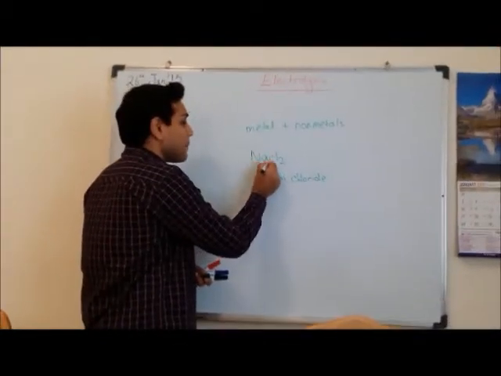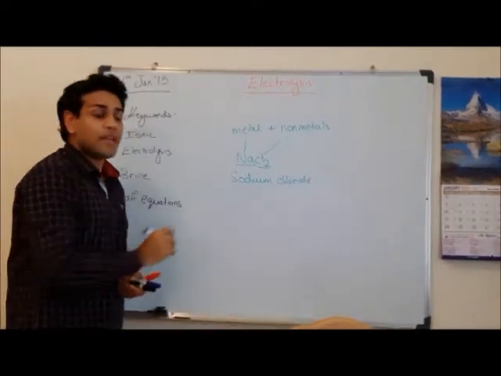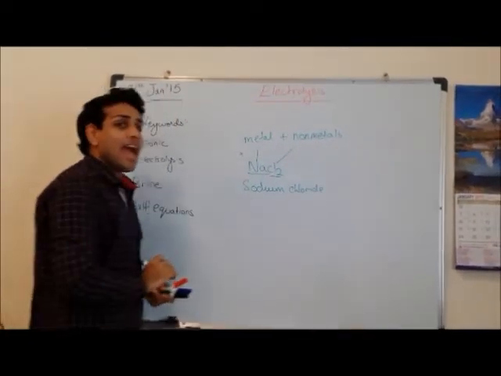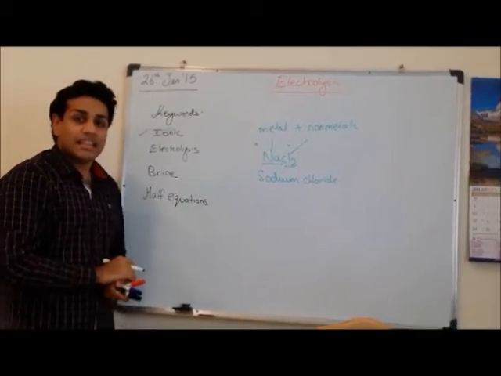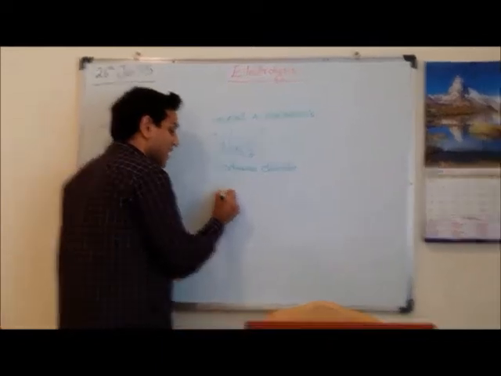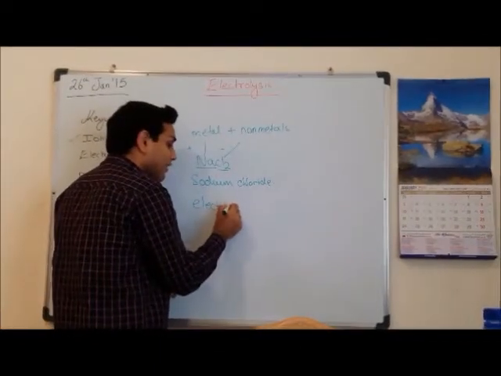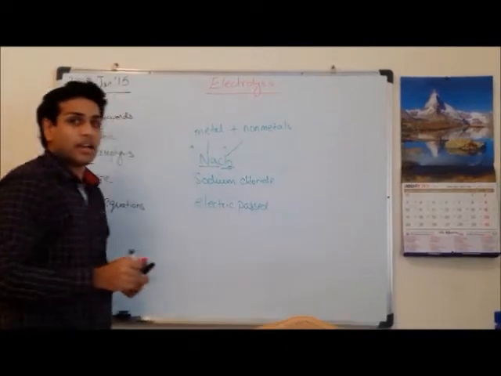Here sodium is a metal while chlorine is a non-metal, and sodium is a positively charged ion and chlorine is a negatively charged ion. These ions can be broken down with the help of electric current. When electric current is passed through them, they are broken down.